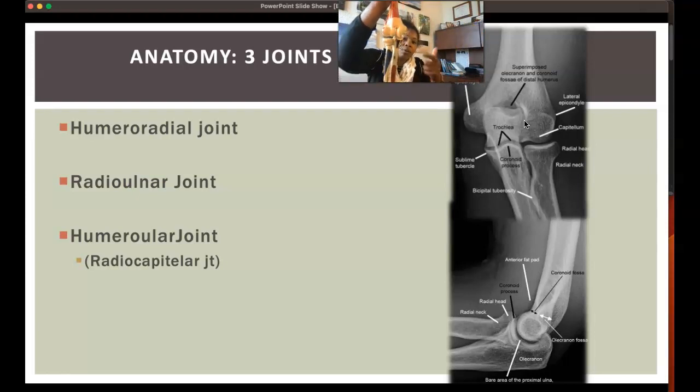Now I've talked about the humeral ulnar joint. I've talked about the humeral radial joint, and now what we need to talk about is the radial ulnar joint. So that represents the articulation between the head of the radius and the proximal ulna.